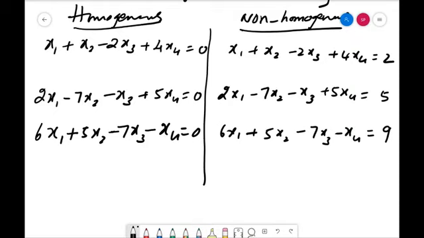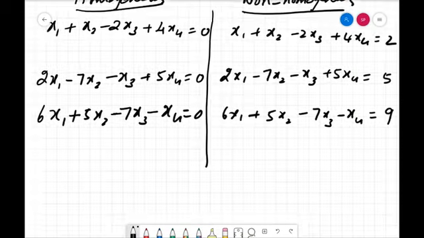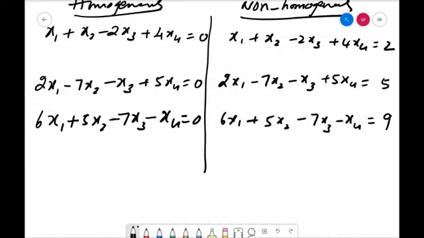Now how are we going to solve these systems of equations? Before solving, what do we mean by solution? Let us see. If I observe the first one, the homogeneous system, I can observe that in the first equation, if I substitute x1 0, x2 0, x3 0 and x4 0, then it is getting satisfied.